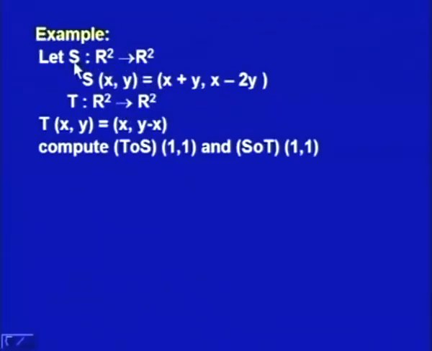We have a linear transformation S from R2 to R2. Here S of x, y is defined as x plus y, x minus 2y. So, an element x, y in R2 will map to x plus y comma x minus 2y under the transformation S, and another linear transformation T defined by T of x, y is equal to x comma y minus x.